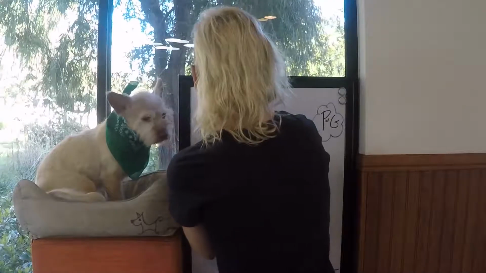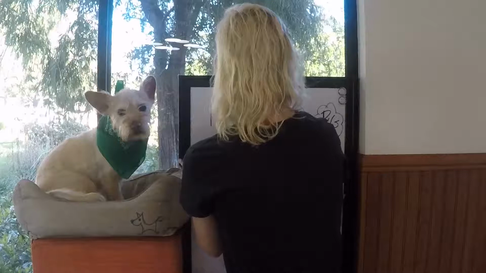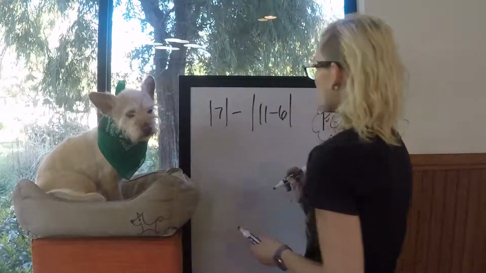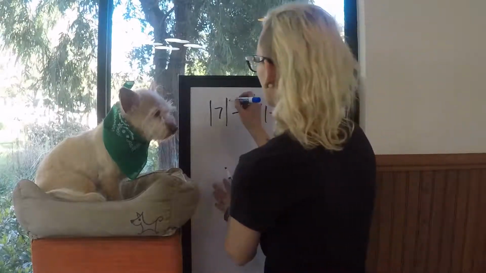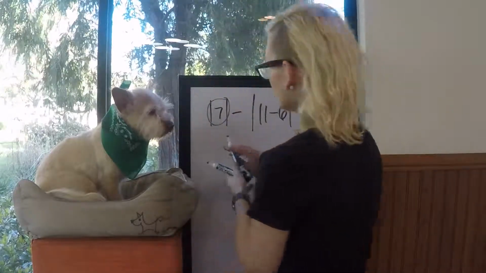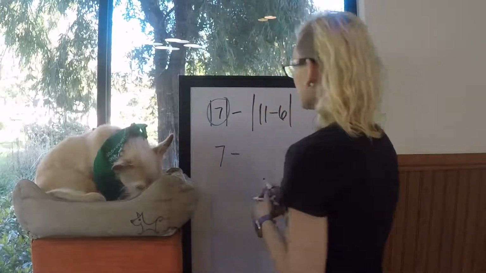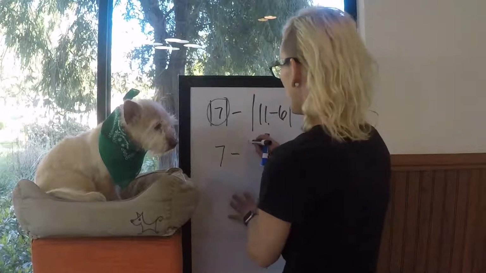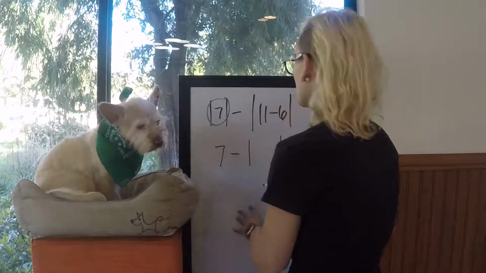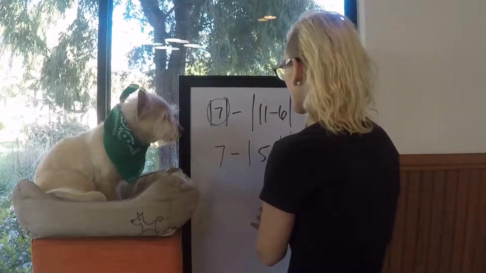Okay, the absolute value of 7 minus the absolute value of 11 minus 6. The only one I can take right now is this one. The absolute value of 7 is 7. Bring down my minus. I can't touch this one yet. I have to simplify it first, I have to have it be one number before I can move on. 11 minus 6 is 5.